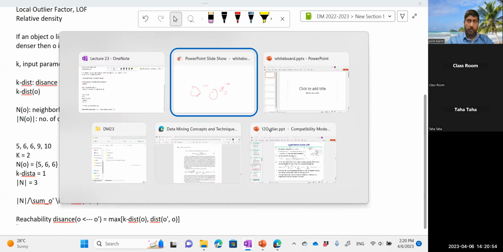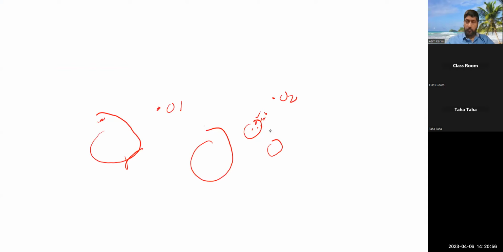So if I want to draw this little bit, मतलब let's say ये आपका O है और इसका एक neighborhood है. If O prime is inside this, तो इसका हम full k distance लेंगे.